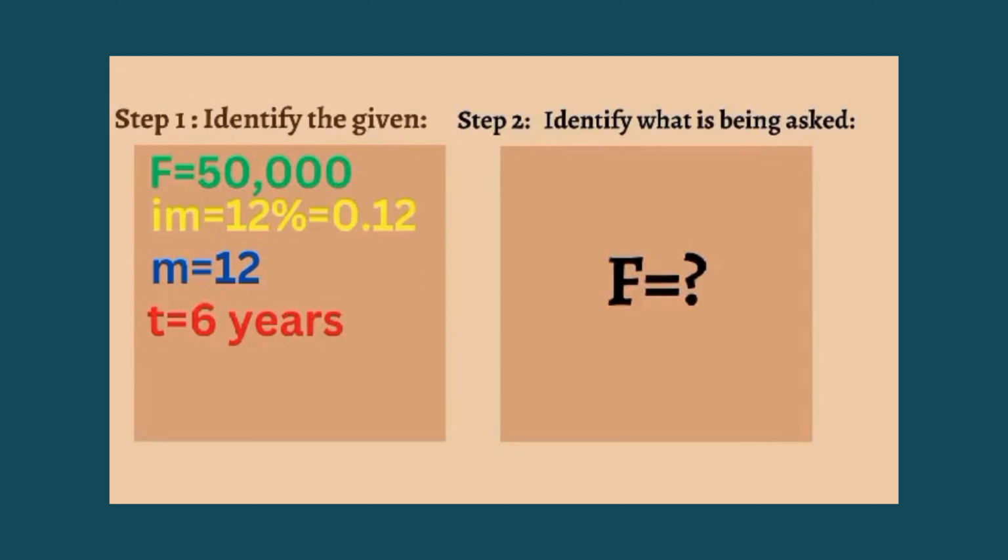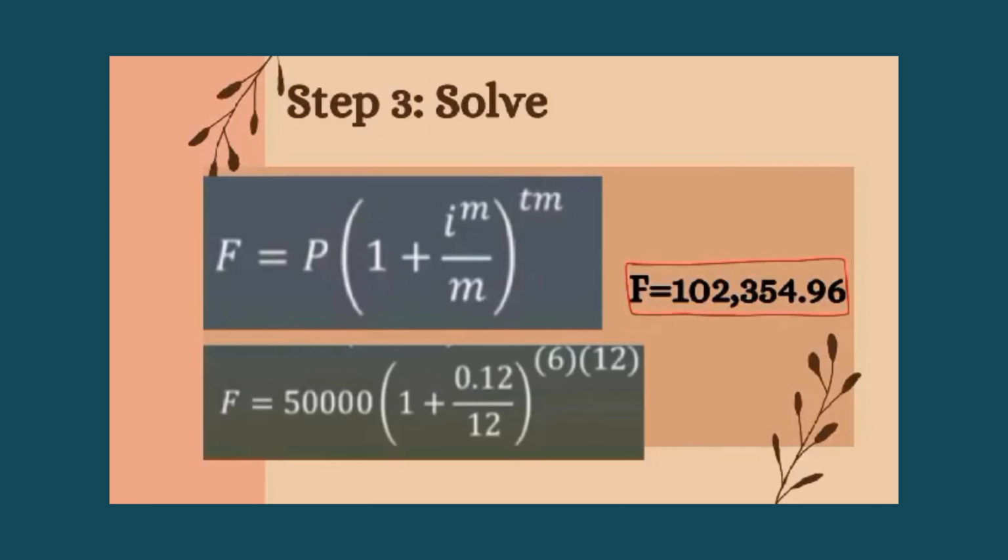So next is identify the given. 50,000 for P. IM is equal to 12% or 0.12 in decimal, M for 12, and T for 6 years. Next is identify what is being asked. Step 3 is solve.